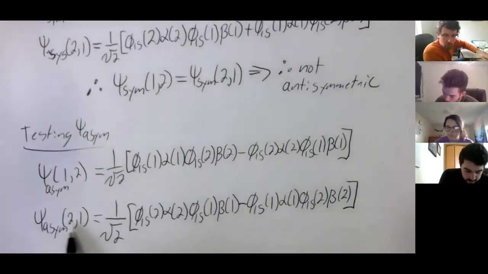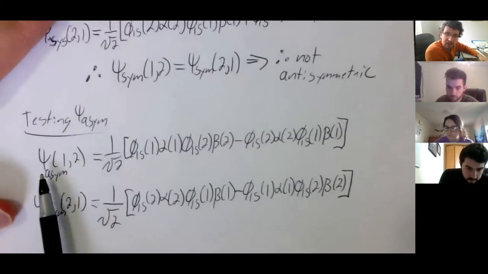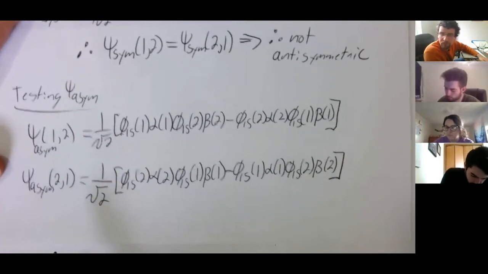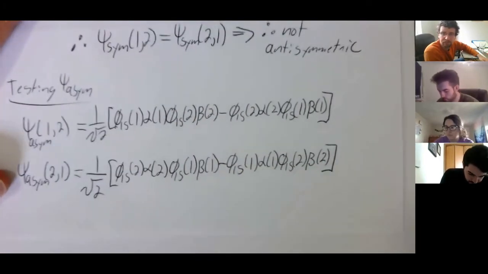Right now we're just looking at the two functions, asym 1, 2, and then asym 2, 1. All right. Okay.